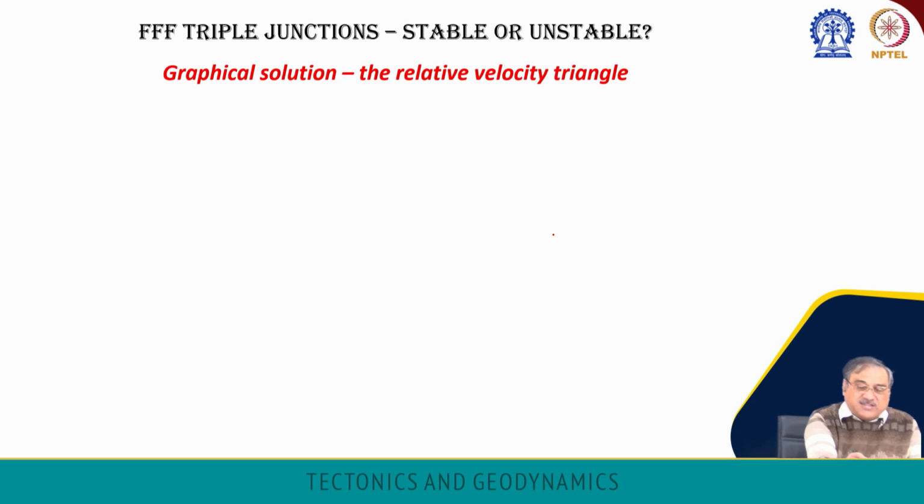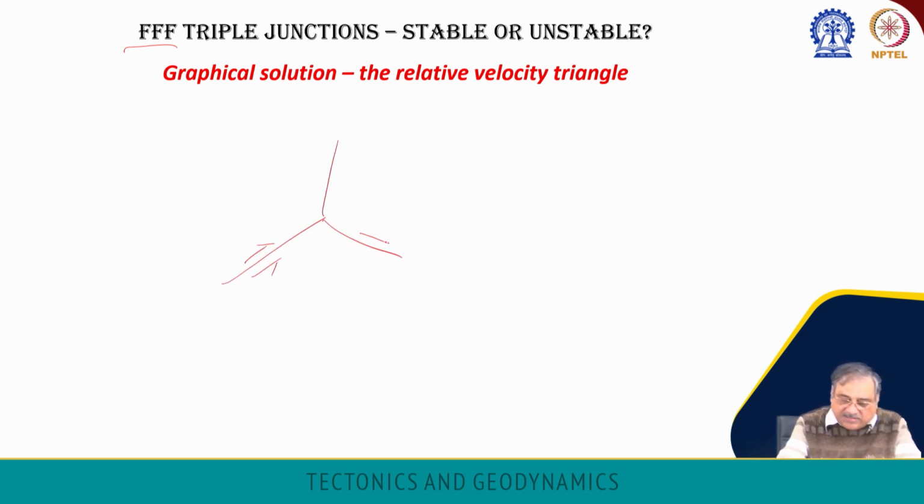Now, what does this imply for FFF junctions, that is three transform faults? Just imagine that you had junctions like these, and all three were transform faults. Whatever the configuration of the three plates, whatever the velocities of A, B and C, and whatever relative velocity triangle you draw here, the sides would have to be parallel.